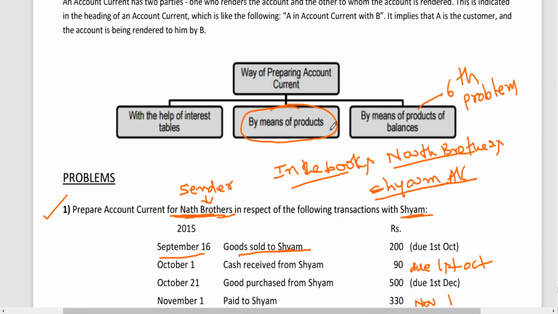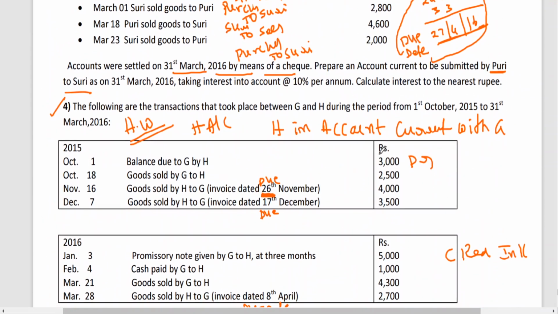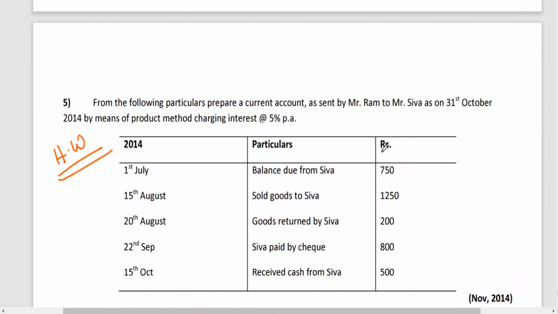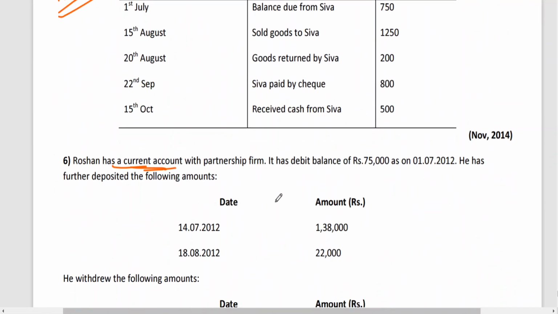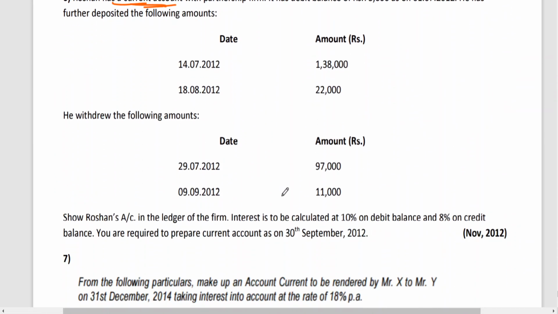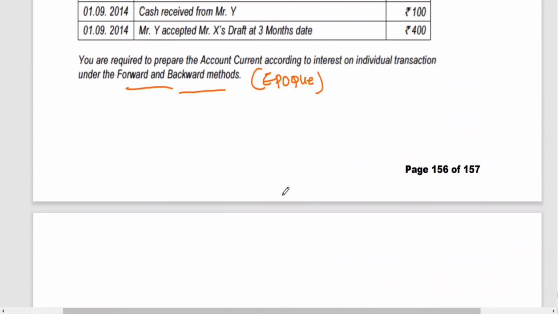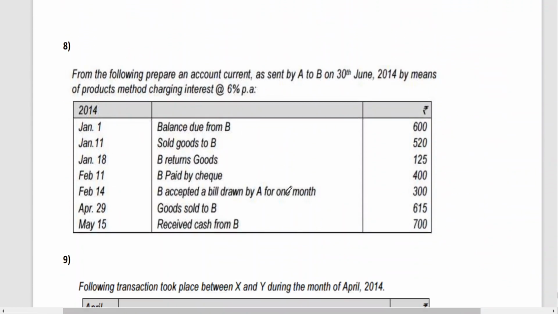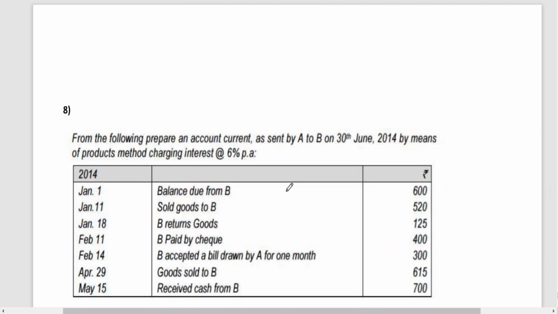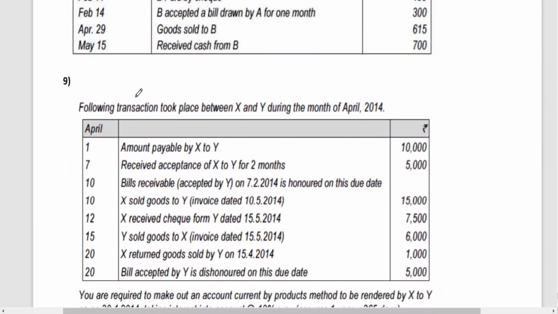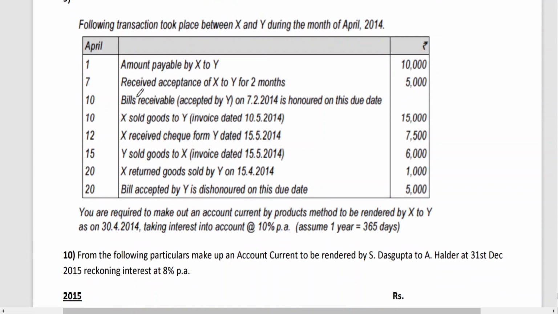Okay. The seventh I have to explain. The eighth I can give as homework to you. You can do the eighth one. This I have to explain.